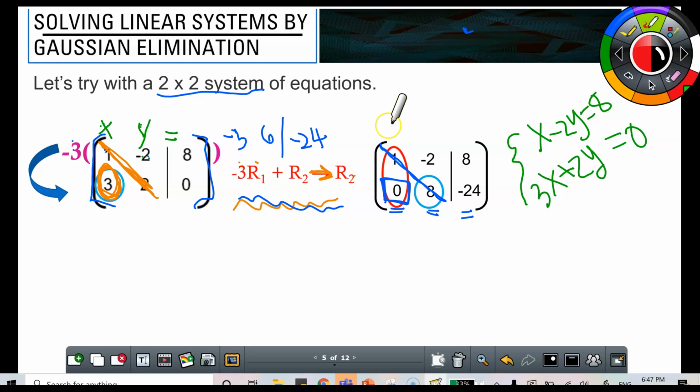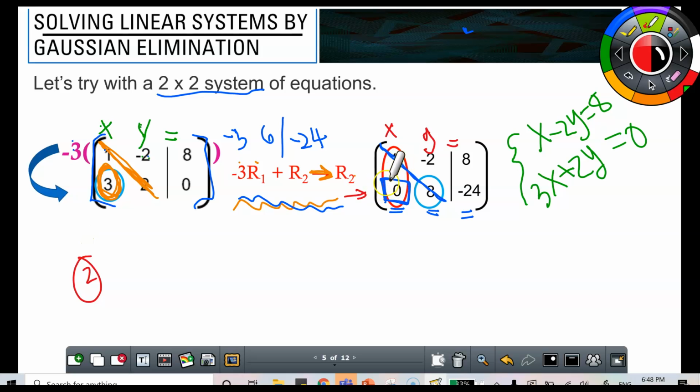We know the first column is x, second column is y, equal sign here, right? And you see what? You see your second row here only has one variable, which is 8y. So with one variable, we can solve it. So let's write it back for the second row or second equation, which is 0.